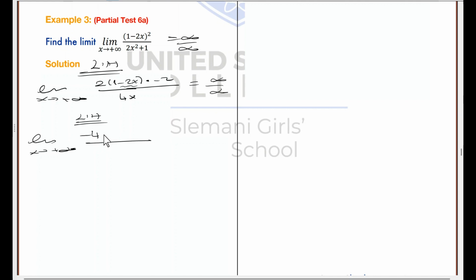Its coefficient stays, times the derivative of 1 minus 2x, which is minus 2, over the derivative of the bottom, which is 4. So the answer is minus minus plus 2. So this is the answer for this question. If the question is asking about finding the horizontal asymptote, it would be y equals 2.